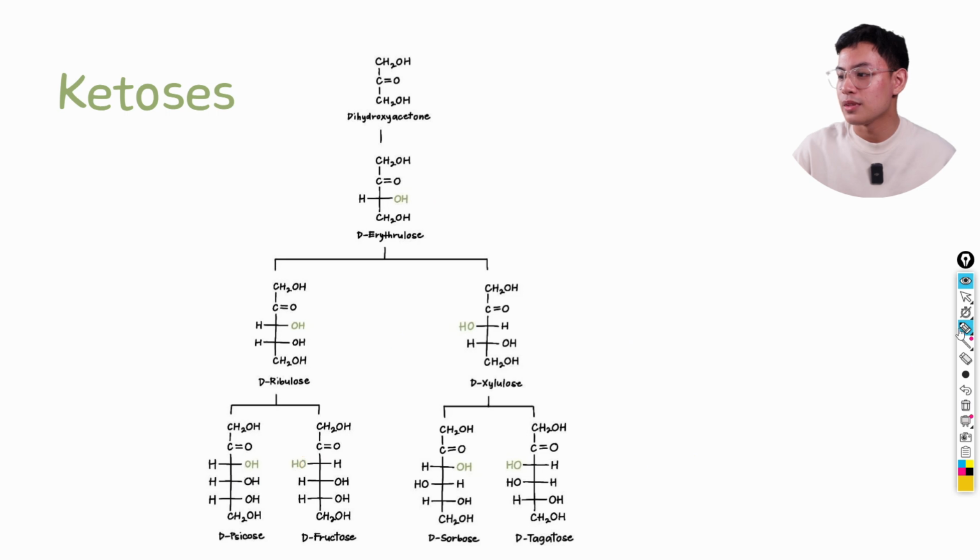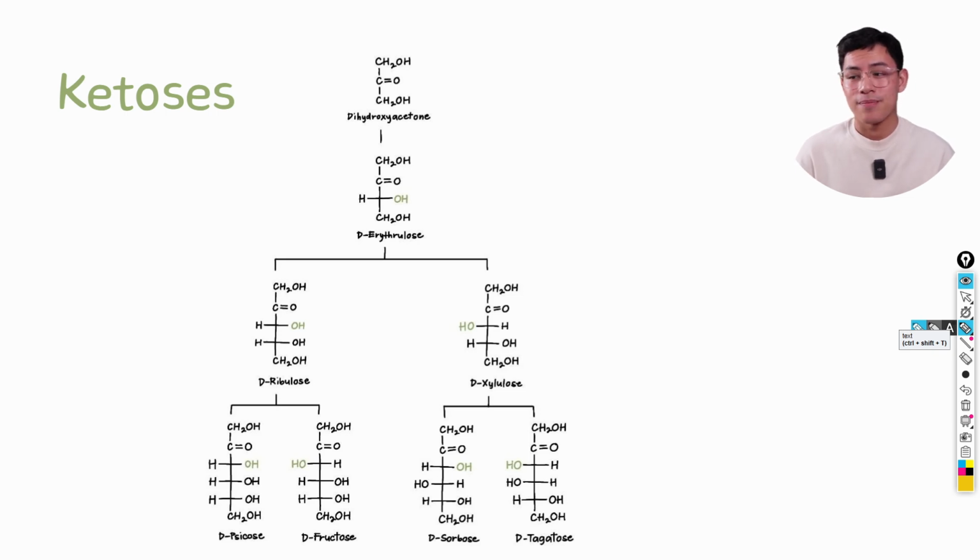Now, I know it's a lot to look at these diagrams, but unfortunately, the best way for you to really sink in all of these structures, both aldoses and ketoses, is to repeatedly study these diagrams. So you have to memorize every structure, memorize every position of the OH groups.